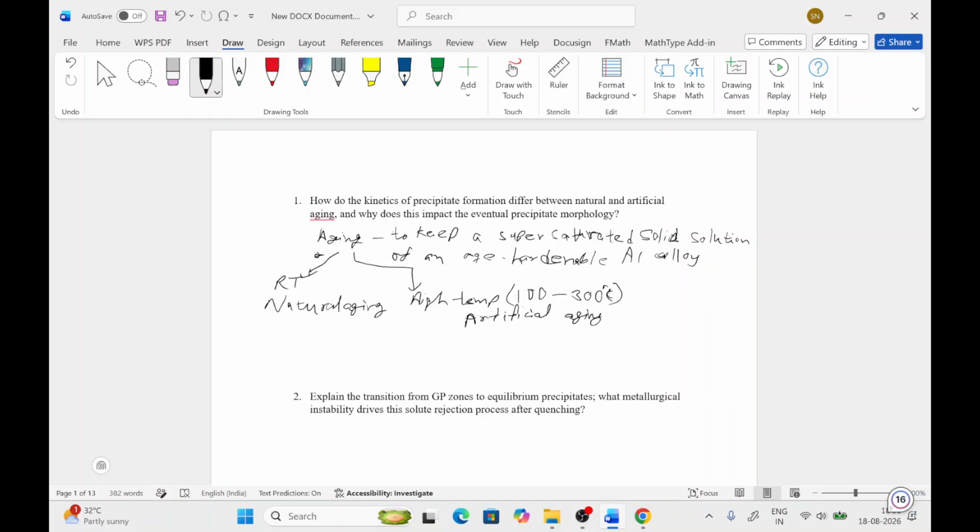Those particles need diffusion to make a cluster. Diffusion increases at high temperature. In natural aging, diffusion is slow, and at high temperature, diffusion is faster.